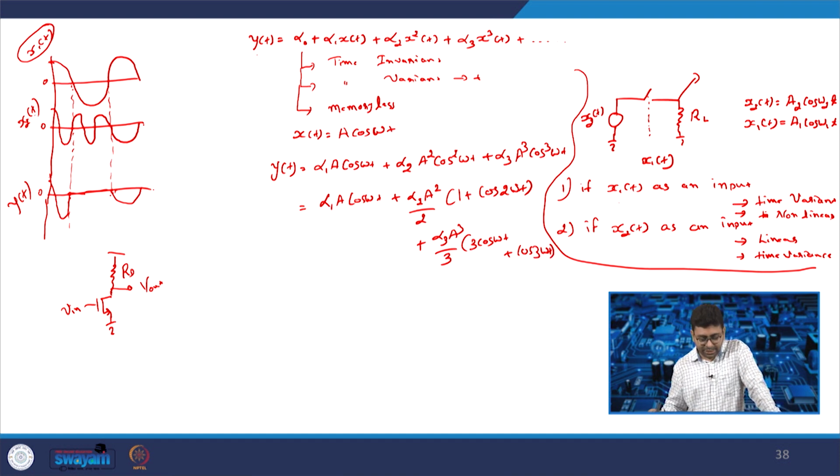So, in this equation we are interested mostly in the a cos omega t, because the other terms are a square, a cube. So, we are interested in cos omega t.